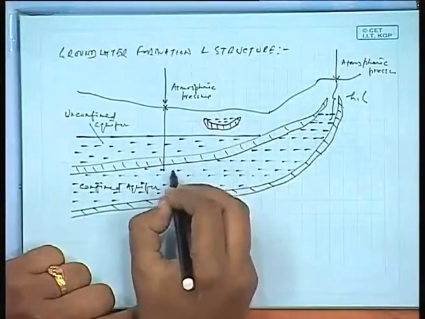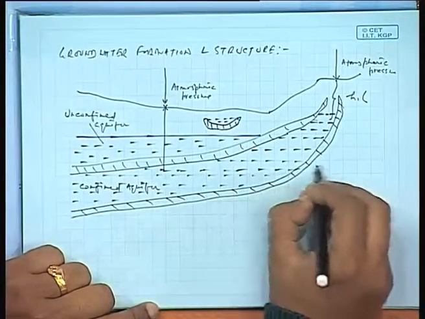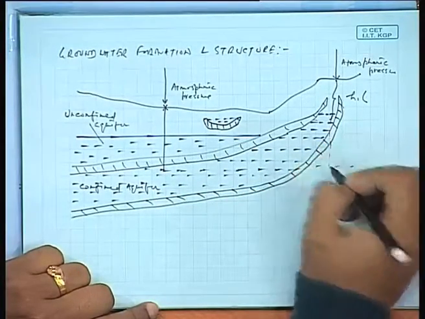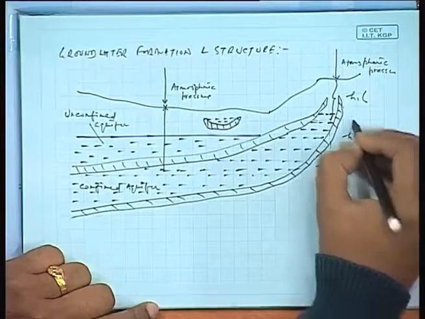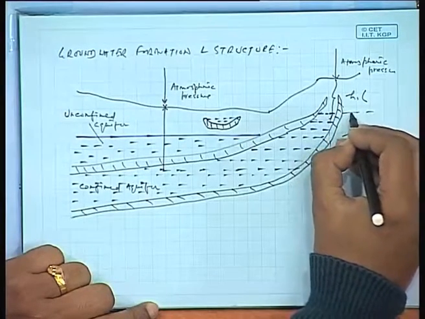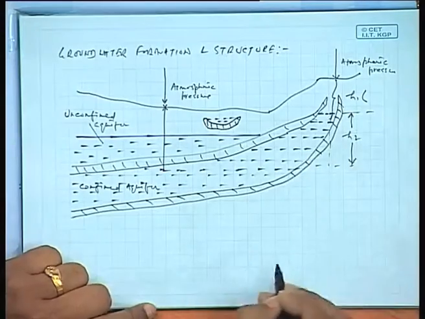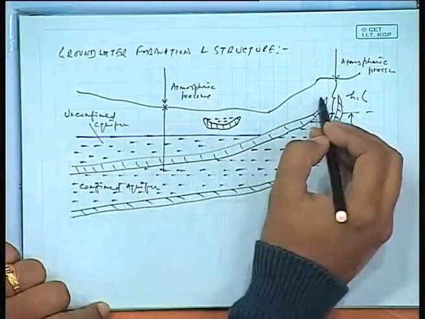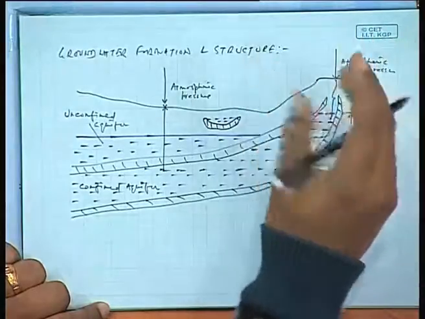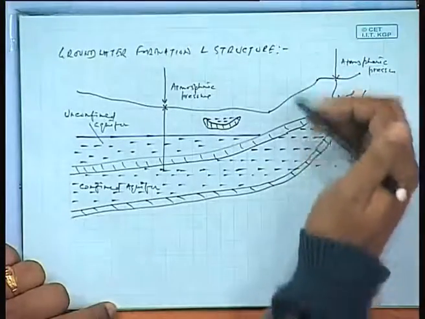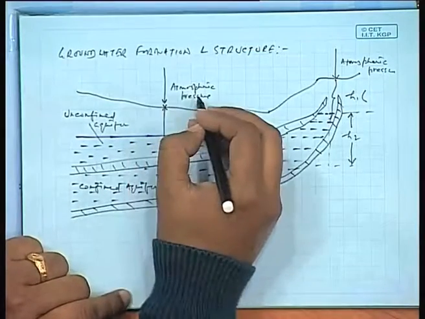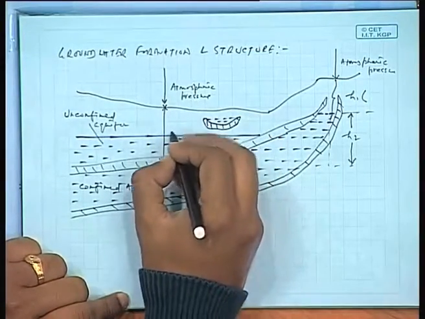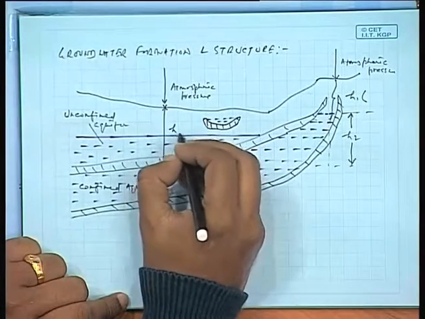Here there is another height we can talk about. Remember, it's not free and open. It's the rock mass working on it, and there is a pressure which can be directly transferred from the atmospheric pressure. This one is atmospheric pressure, and this one is H3.